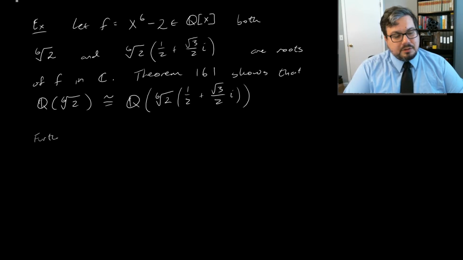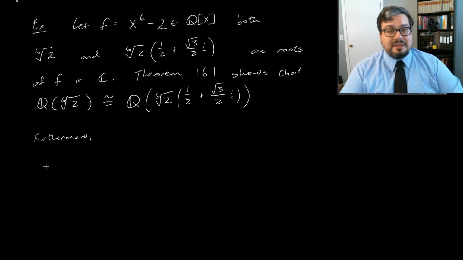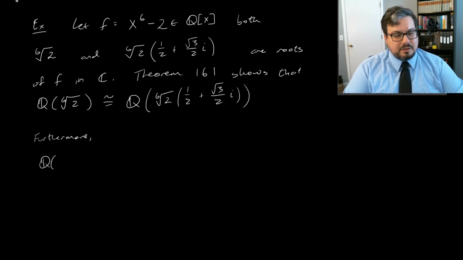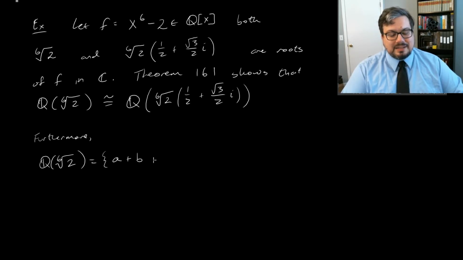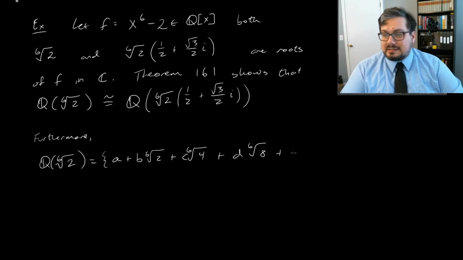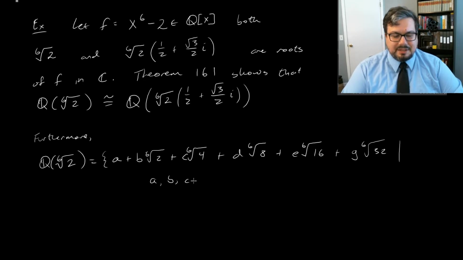Furthermore, based on the basis construction, the field Q of the sixth root of 2 can be described as a plus b times the sixth root of 2 plus c times the sixth root of 4 plus d times the sixth root of 8 plus e times the sixth root of 16 plus g times the sixth root of 32, for some a, b, c, d, e, and g rational.